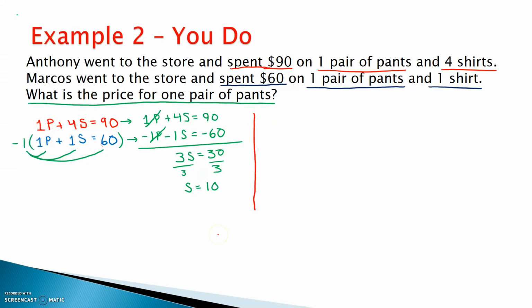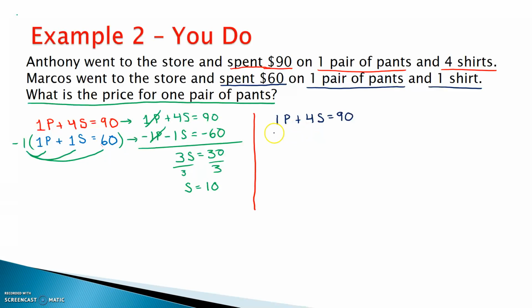So let's go through. When I substitute, it doesn't matter which equation you use. Here I'm going to go with the top one. 1p plus 4s is equal to 90. And I found out S. I found that shirts cost $10.